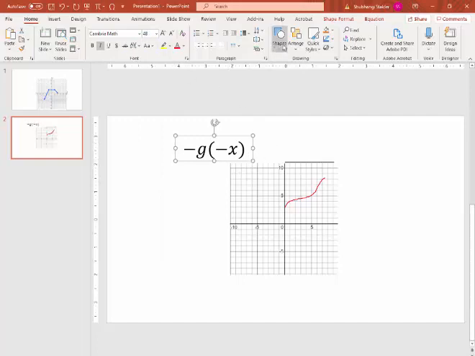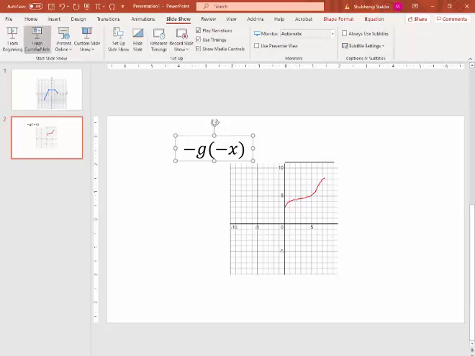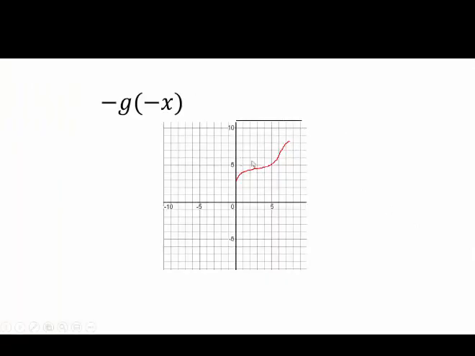All right, get me this graph. See what you can do. Can you see the graph here? Yes. This is g. Get me negative g of negative x. See what you can do. Tell me what to do.